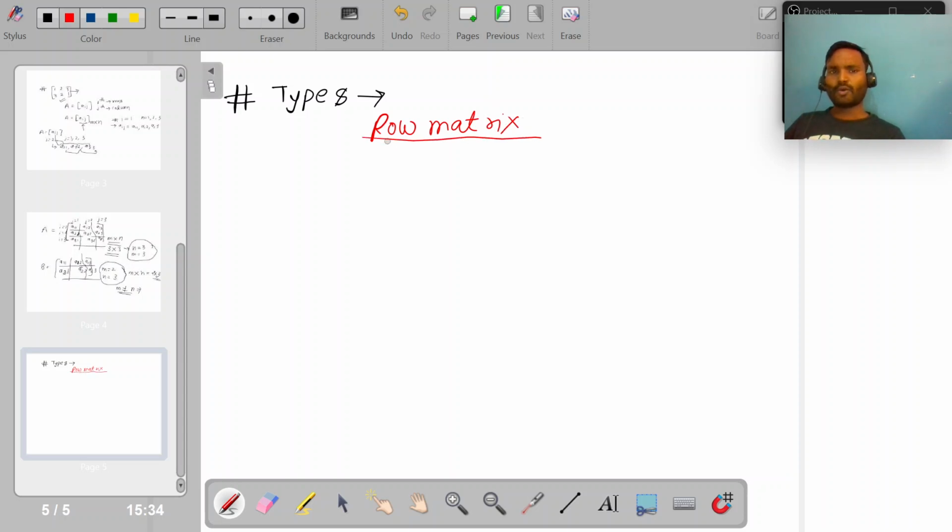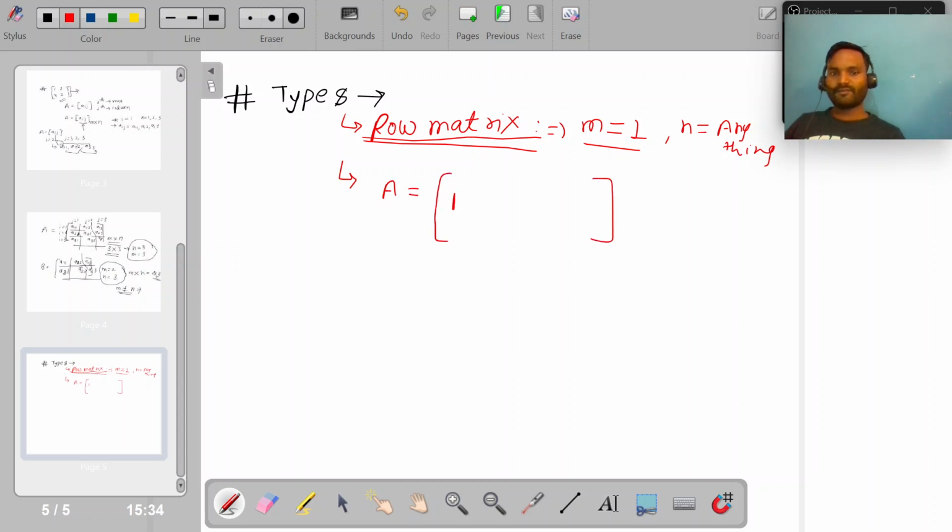In a row matrix, the number of rows is equal to 1. That means m is equal to 1, and n can be anything. For example, take the matrix 1, minus 2, 3, 4.